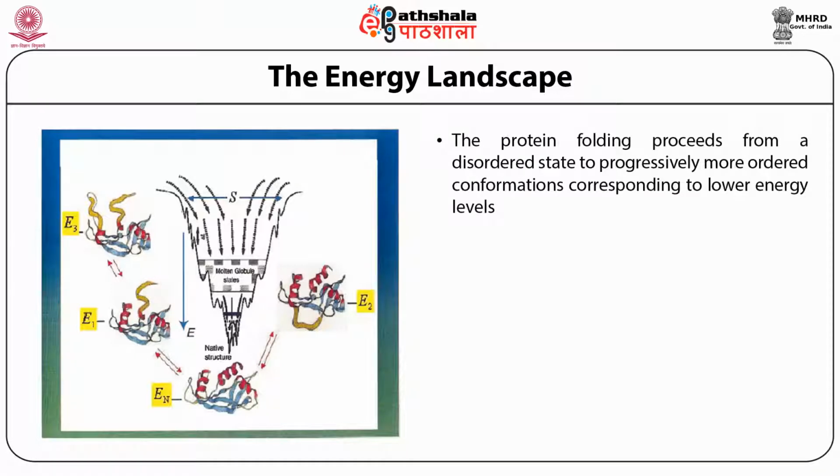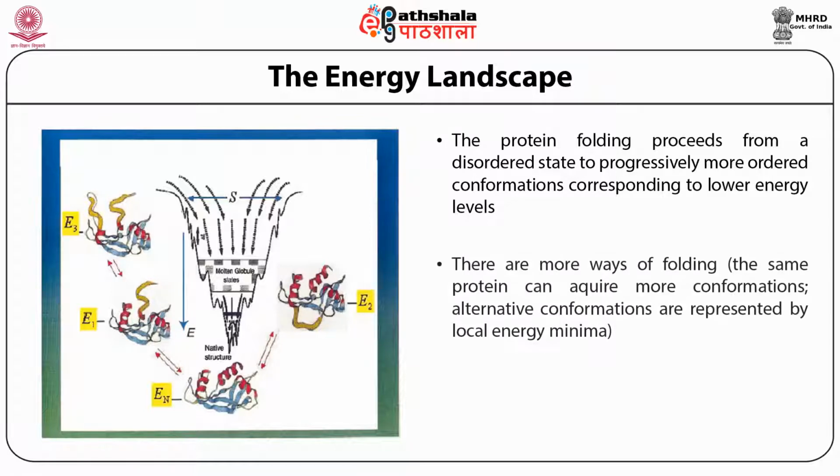Protein folding proceeds from a disordered state to progressively more ordered conformations corresponding to lower energy levels. There are many ways of folding. The same protein can acquire more than one conformation. Alternative conformations are represented by local energy minima.